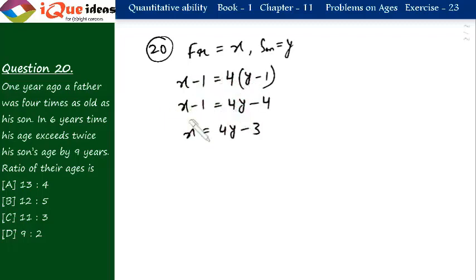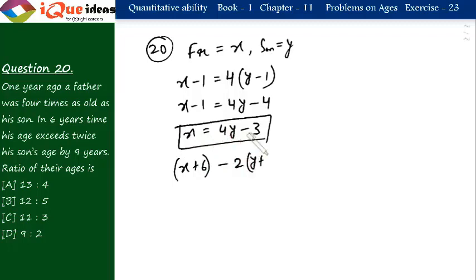This is one equation. Now 6 years hence, in 6 years time his age exceeds twice his son. So 6 years time the father's age would become x plus 6, right? And this exceeds, so minus twice the son's age, so 2 times y plus 6. By how much? By 9 years. Please read the question very carefully. Exceeds means the difference.